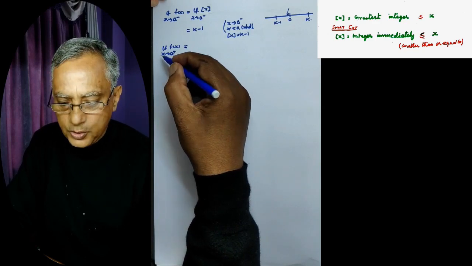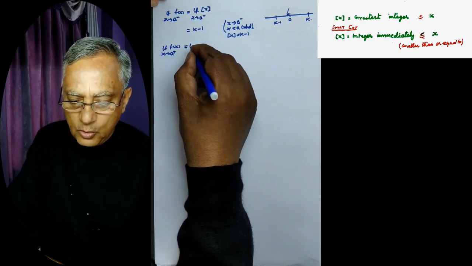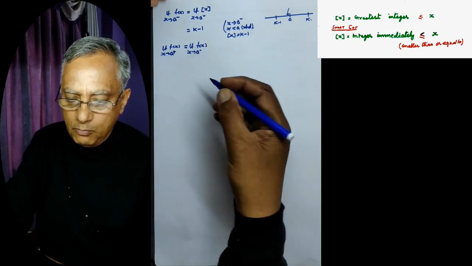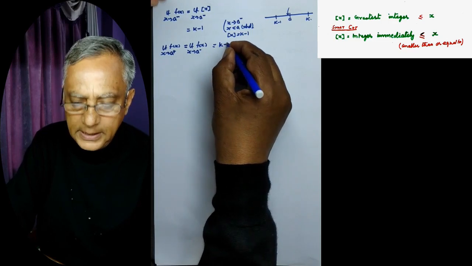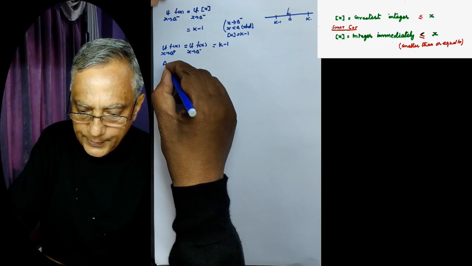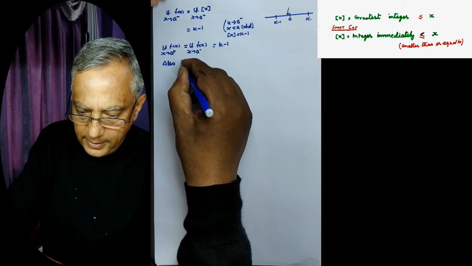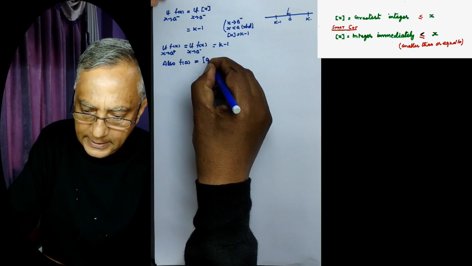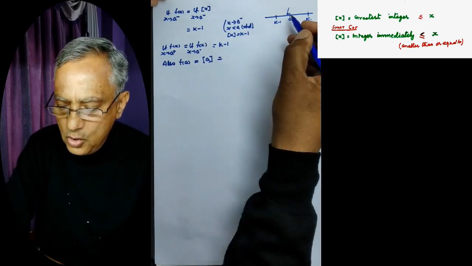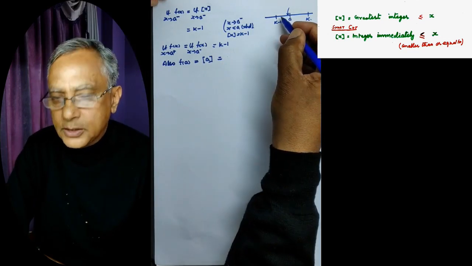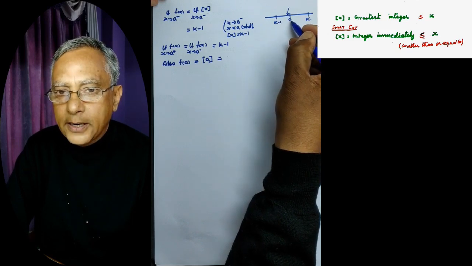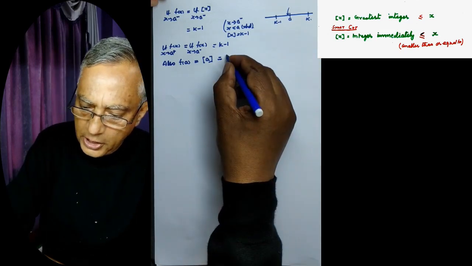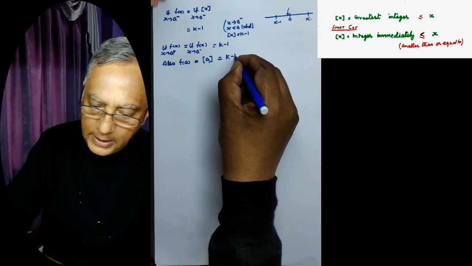Then what we notice, limit x approaches a from positive side f(x) is equal to limit x approaches a from negative side f(x). Both are equal to k minus 1. Also, f(a) is equal to integral value of a, and since a is non-integral, the integer immediately smaller than this will be k minus 1.